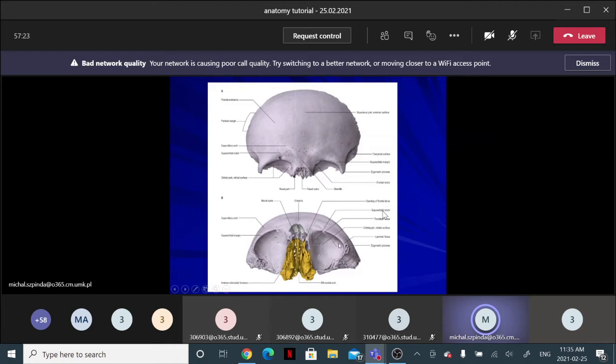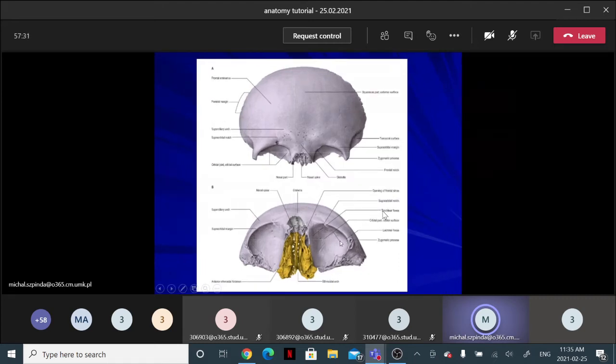Just laterally is a depression that houses the lacrimal gland. It's called fossa of lacrimal gland. Contrariwise, medially, we can have either a spine or a fovea, trochlear spine, or in some individuals we have a spine, and in others just a fovea, trochlear fovea.